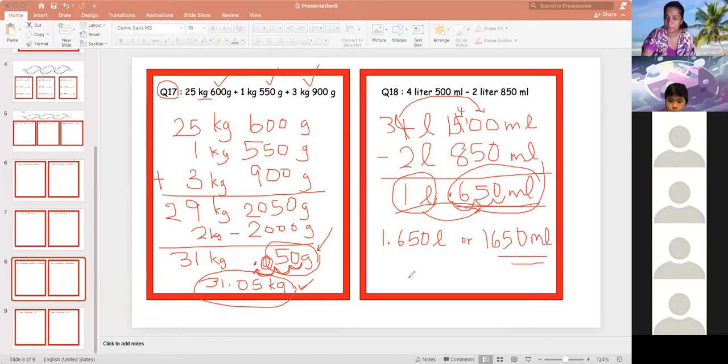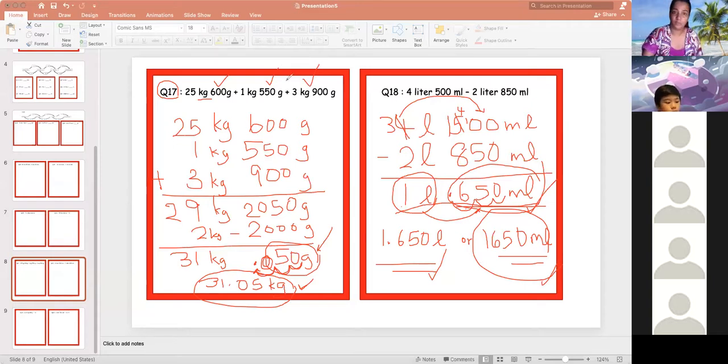Understand? So there are 3 ways your answer can be written. You can either separate your units, you can join and give in one unit, or you can join and give in the other unit, depending on the question. For this, you must know how to convert correctly.